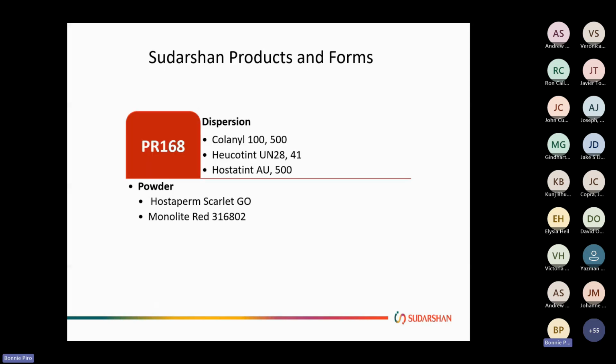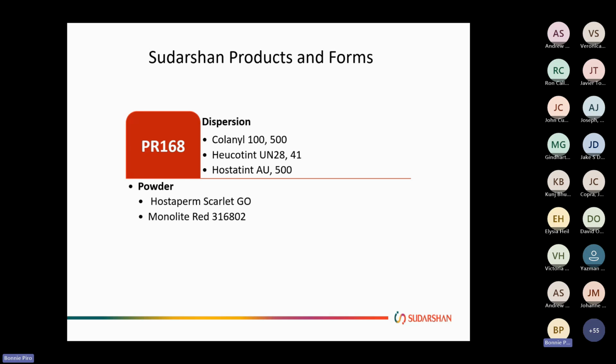From a product and form perspective, this is the first time I'm bringing together the legacy Sudarshan and legacy Heubach product lines, to give you a feel for how these color indexes show up in terms of physical products and form. You'll see these slides throughout the presentation describing whether it's a powder form or a liquid and dispersion form, and the trade names of the lines they fall into.